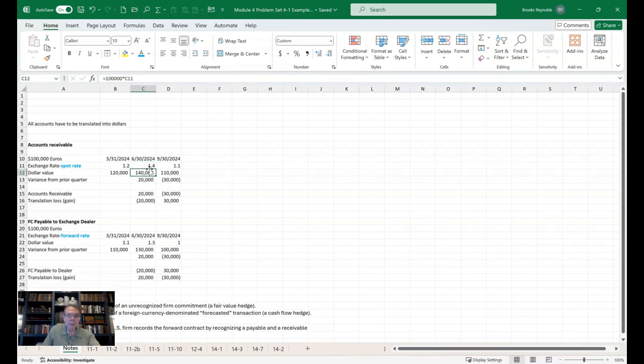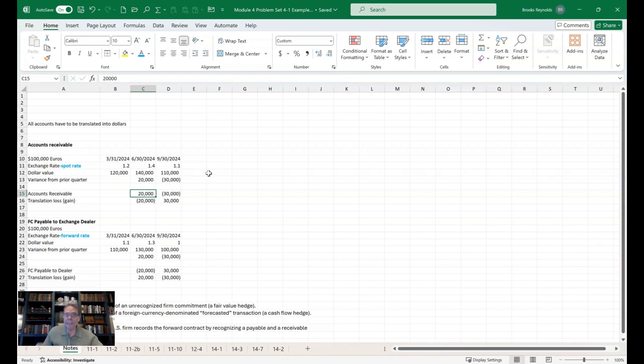So the dollar value that we received has gone up. So when we made the transaction, we recorded a sale of $120,000, which is always going to be the sales. The actual currency is a separate transaction, and that impact is going to be a transaction loss or gain. So our value has gone up to 140,000 and we have to make an adjustment. So what we're going to do is debit accounts receivable and increase it. And then we have to credit something, and that's going to be transaction gain.